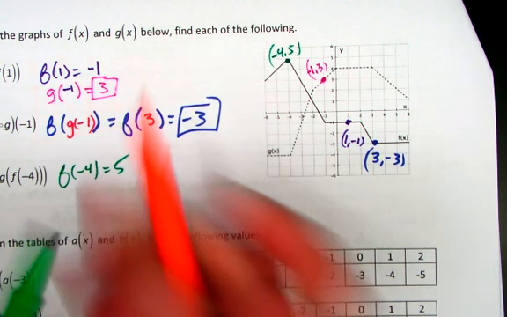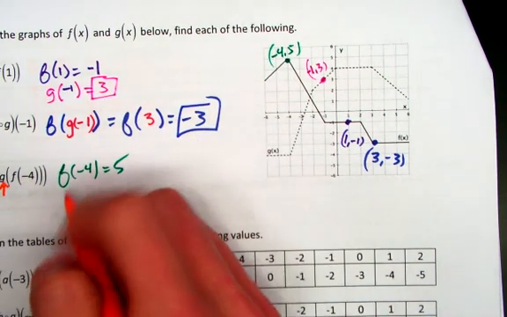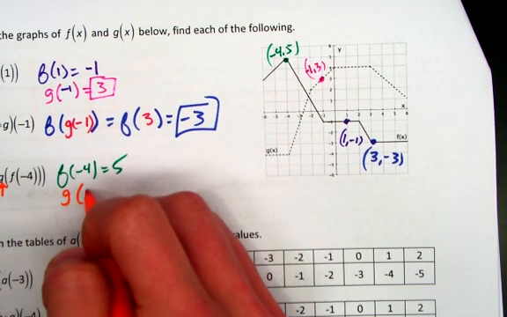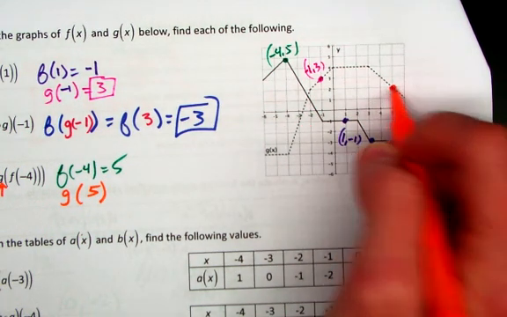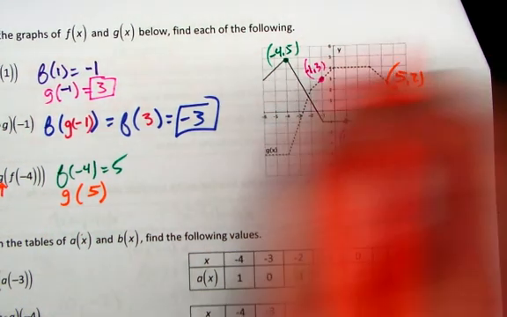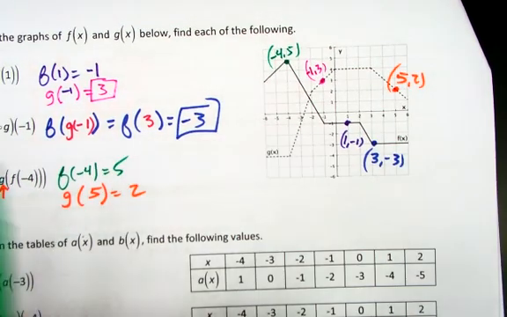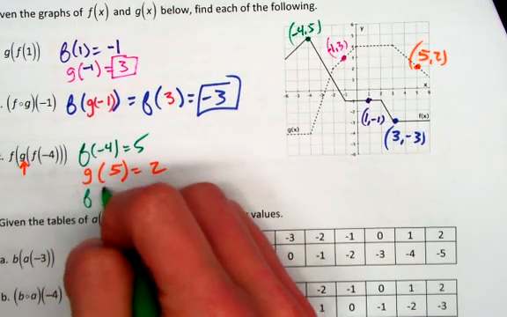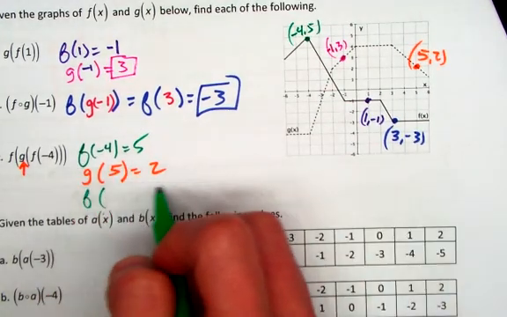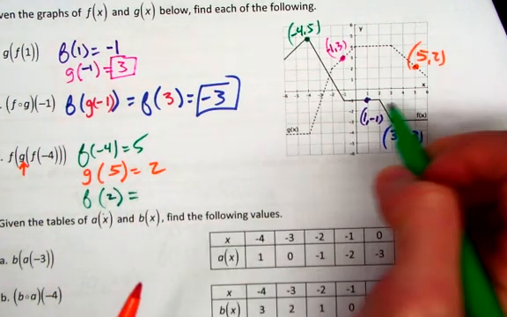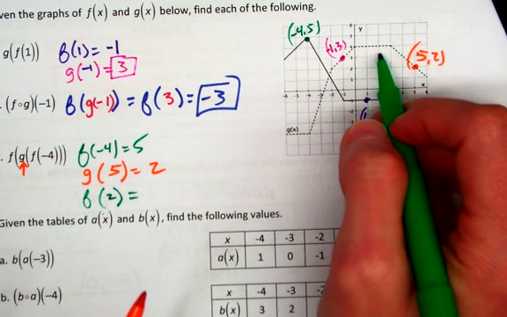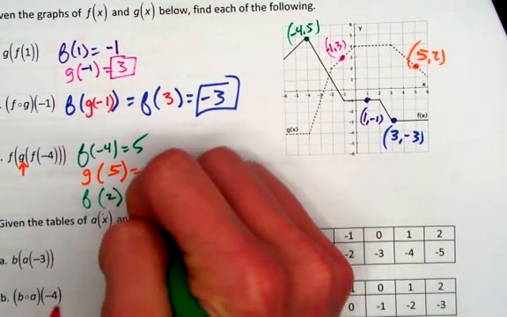Now I need to come over to g, so I'm finding g of 5. I come over to 5, and that's 2. Then I want to find f of 2. I come over to 2, 1, 2, 3, 4, so that is 4.